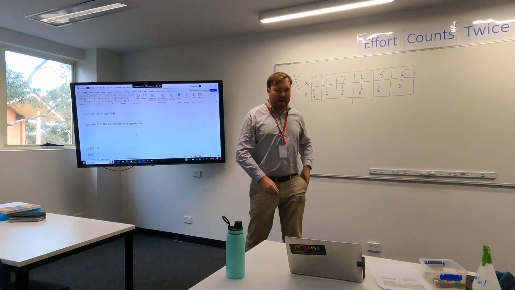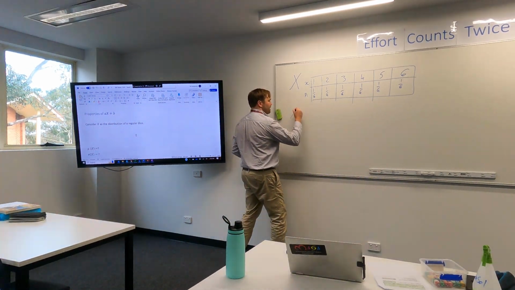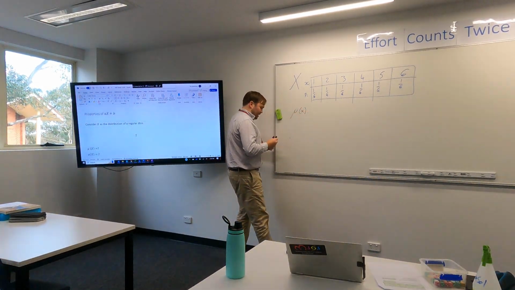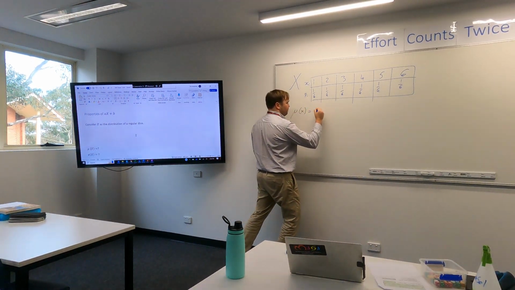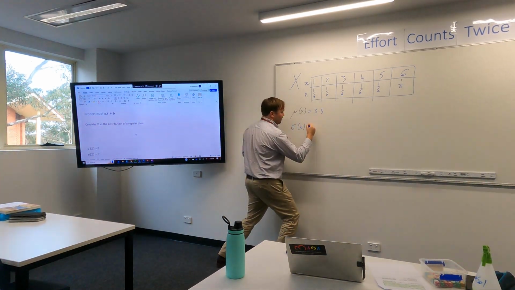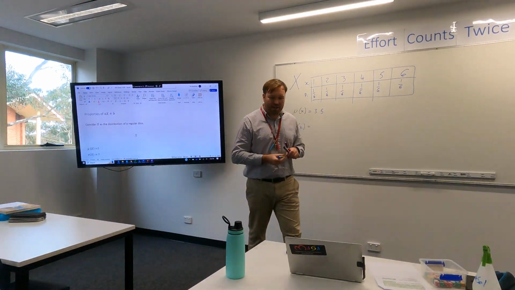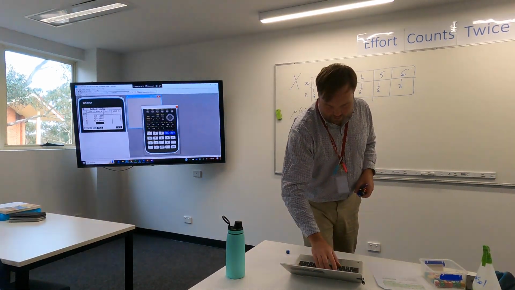If we're looking at this distribution, we can find its mean, so the mean of X, and we've seen this before. We know that the average dice roll is 3.5. And we can calculate, given what we just learned, the standard deviation of X. If we want to do it by hand, we could. Otherwise, we open up our calculator.